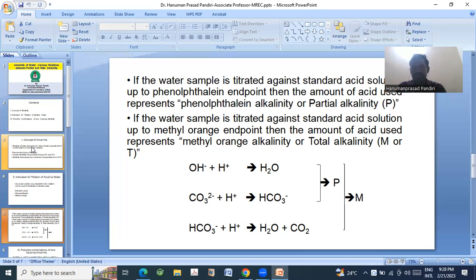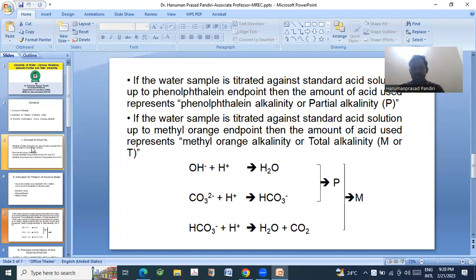If you see the reactions involved in the case of partial alkalinity or phenolphthalein alkalinity are OH minus plus H plus gives rise to H2O. That means OH minus will be completely titrated, and CO3 2 minus plus H plus gives rise to HCO3 minus.